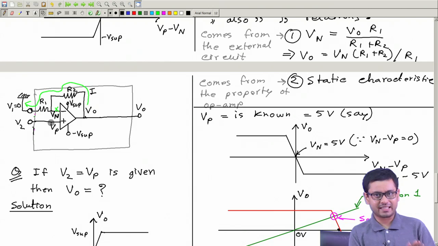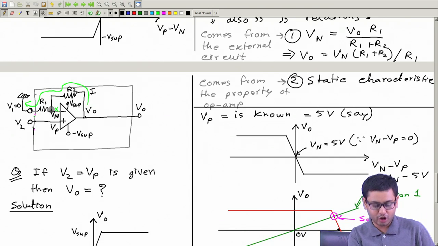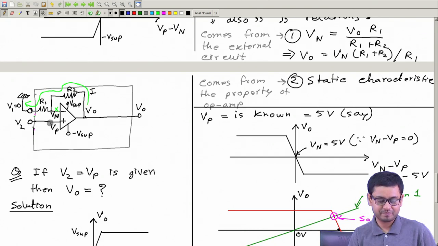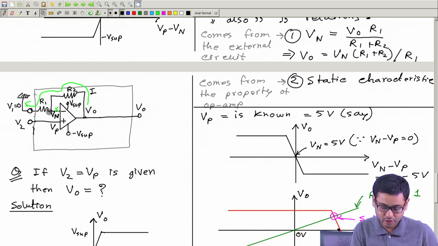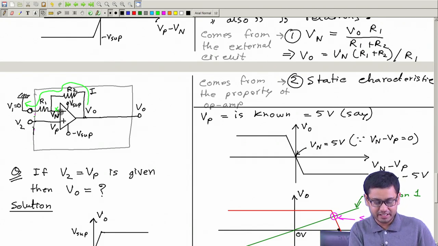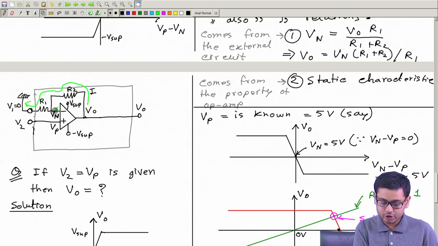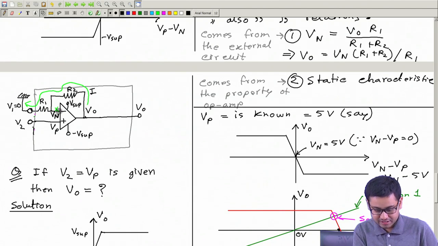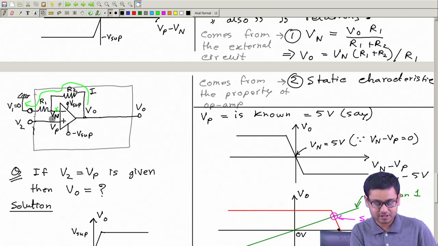So this fact is called a virtual shorting between Vn and Vp. There is no actual shorting between Vn and Vp, not even logically inside the op amp, because ideally no current goes like this or this. Here the current is 0, here the current is 0. So there is no actual shorting between these two points, yet they are at almost the same potential.